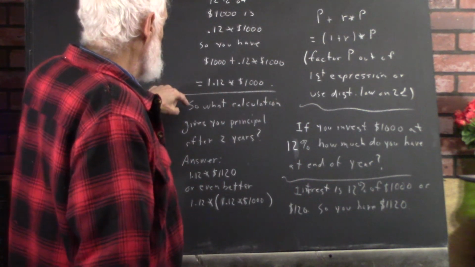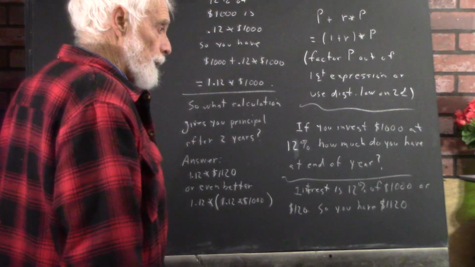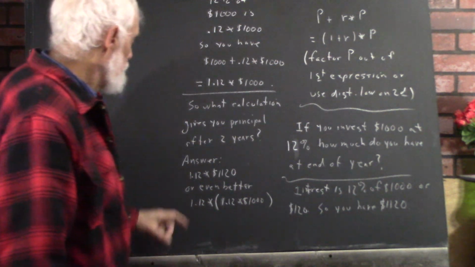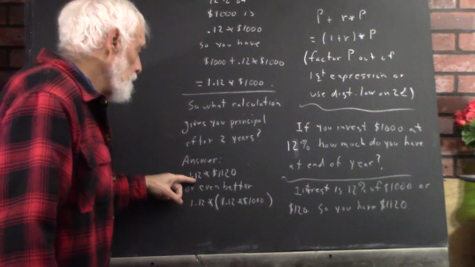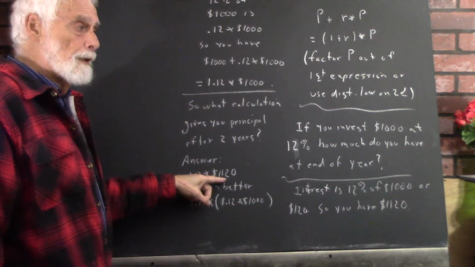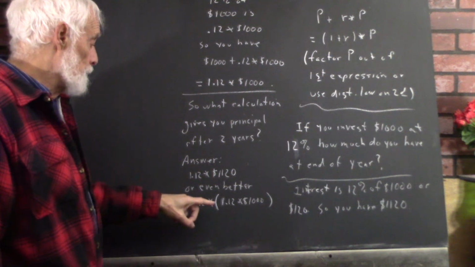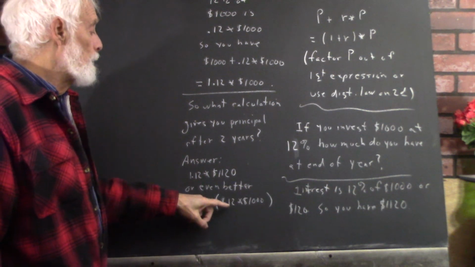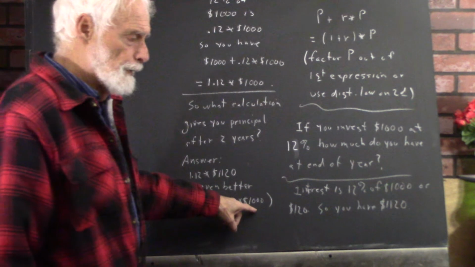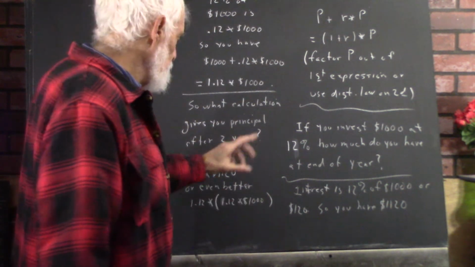And then we ask, what calculation gives the principal after 2 years? That would be 1.12 times the amount you had at the end of 1 year. Even better than that is 1.12 times the quantity 1.12 times $1,000. Might not be totally clear why.